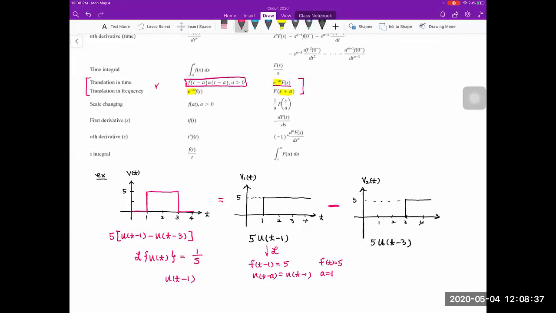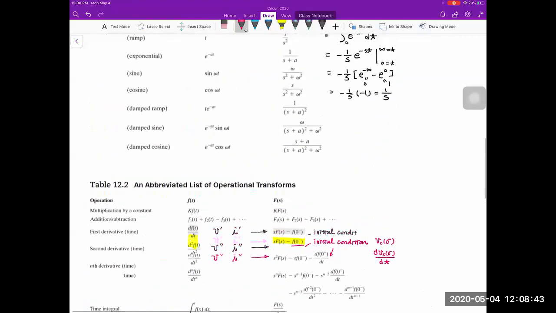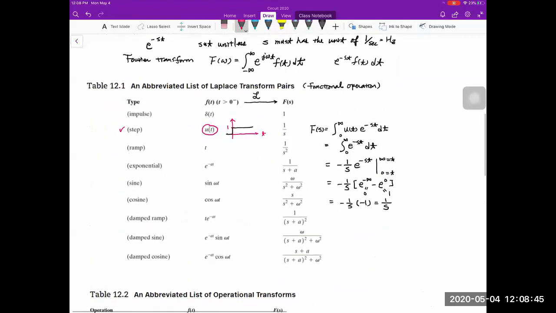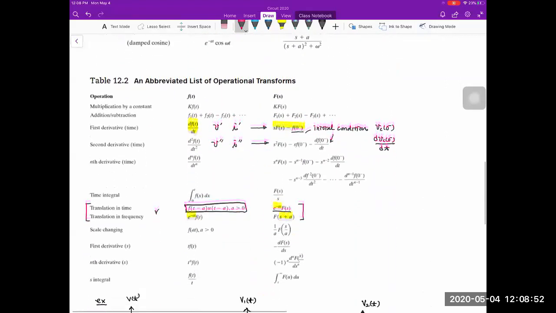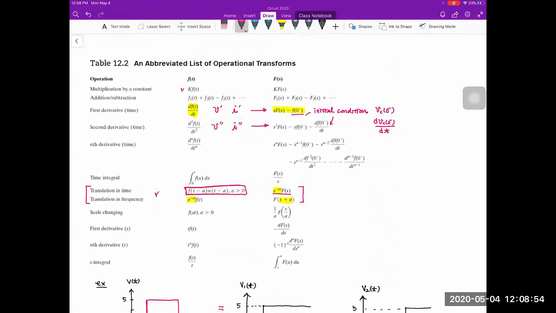Now, how do I take the Laplace transform of a constant? Then you go back. What is the Laplace transform of a constant? The Laplace transform of a constant is this. And what is the multiplication with a constant? It is this one here.